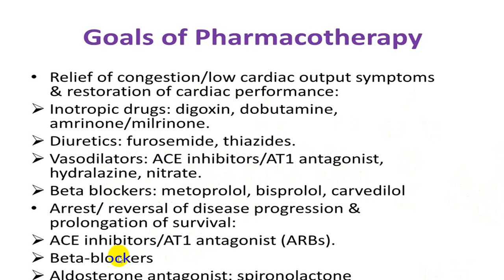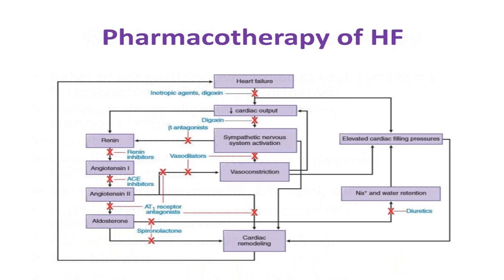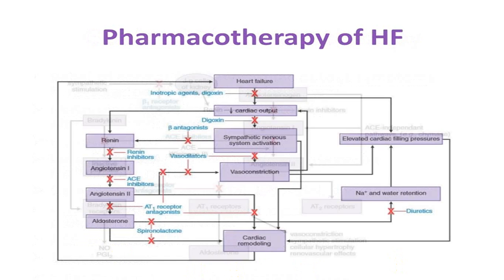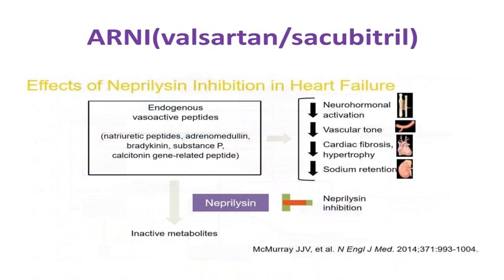Beta blocker, ACE inhibitors and spironolactone are mainly for reversing the progression. So already we have mentioned all these things. Now there is use of what we call ARNI, angiotensin receptor neprilysin inhibitors, which have beneficial effects by decreasing the neurohormonal activity.